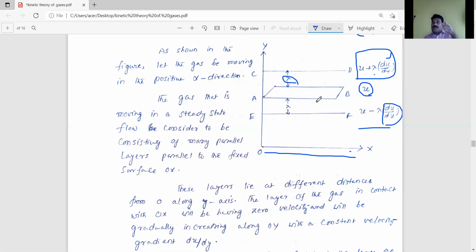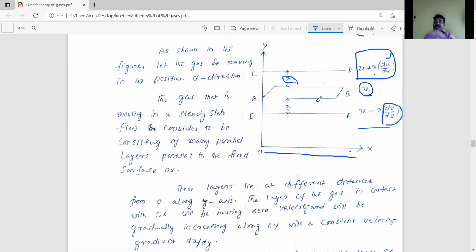This force opposes the relative motion in between these layers. This high velocity layer tries to drag this layer. At the same time, this slowly moving layer tries to drag this layer.